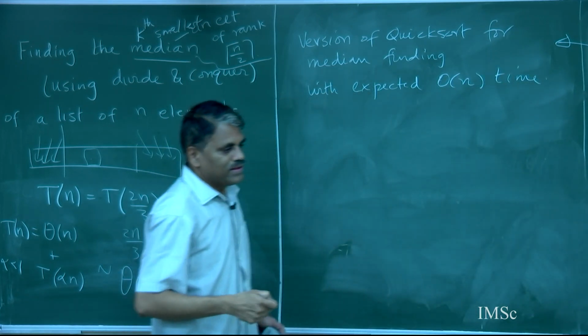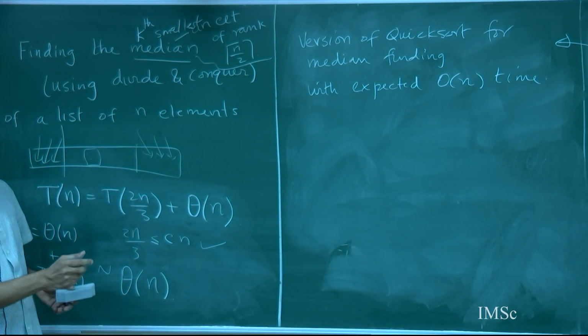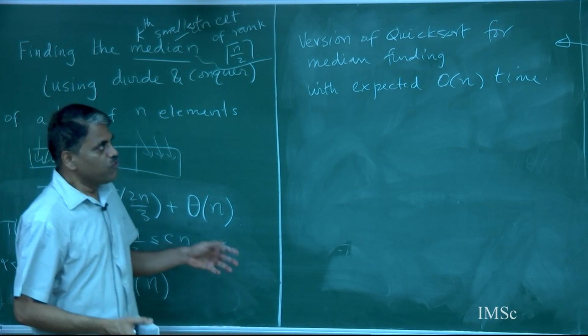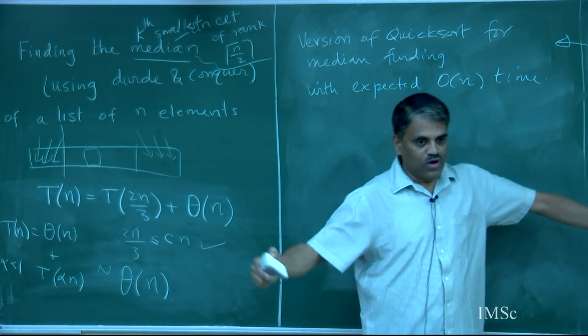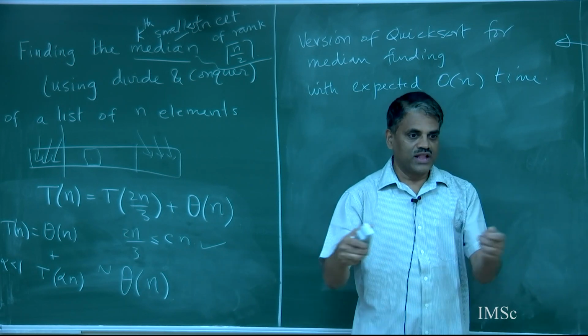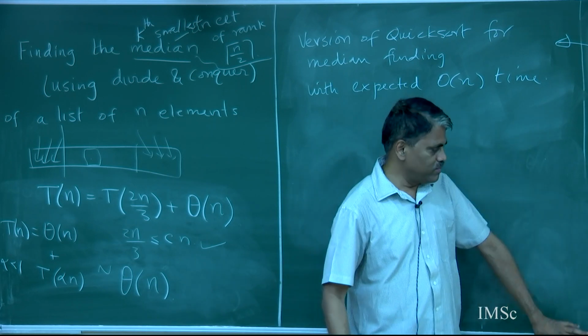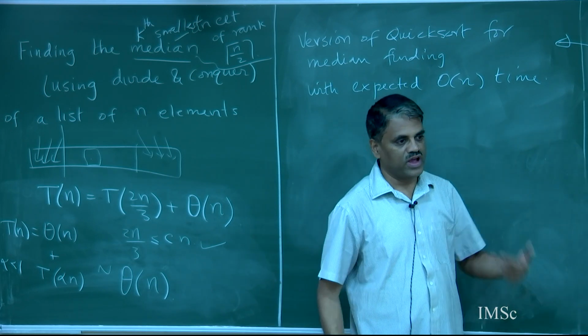The quick estimation we did is not actually a rigorous analysis of the algorithm, but it's an intuition which says that with very high probability, because there are lots of ranks in this range, you are going to pick one in that range, and then you end up throwing away a fraction of the elements, and when you recurse, you will be fine, you get a linear time.